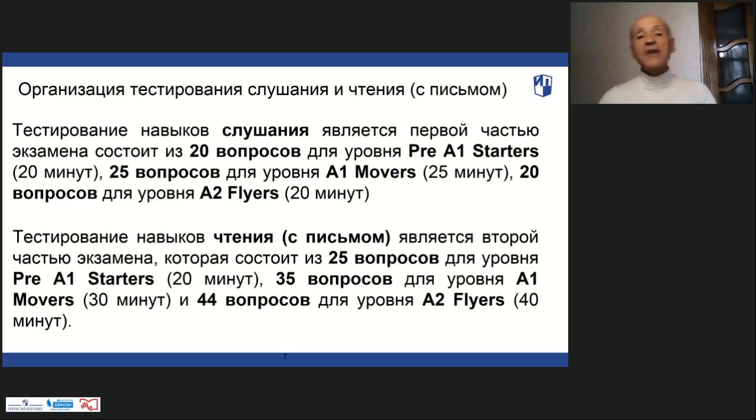As you see, the testing of reading takes longer, which means that this sort of skill is considered to be really important for young learners. I would agree, because reading is a crucial skill in using English, both for language learning and as a source of information that can be helpful in learning other subjects.